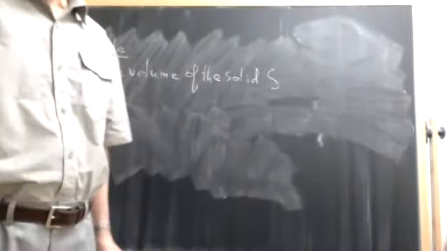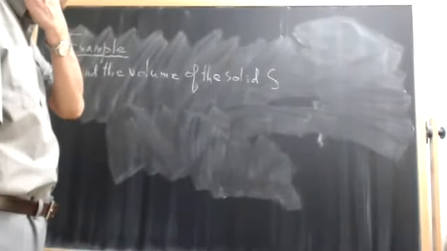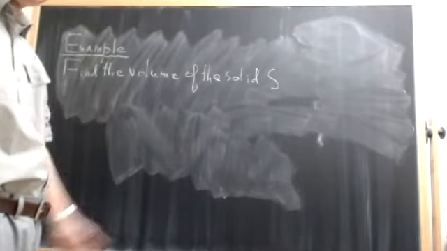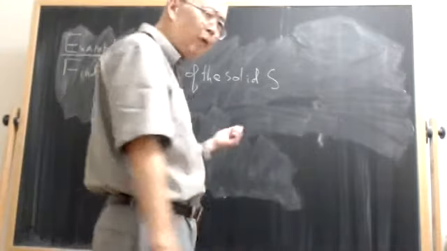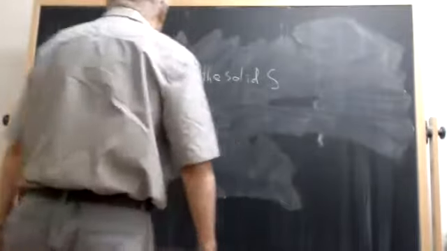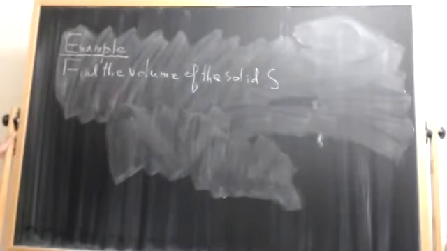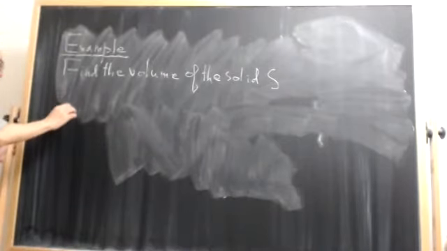Now, let's try to look at this solid. It's not that good to use S for solid and S for surface. But both begin with the letter S. So let's stick to it. So we are going to find the volume of the solid S carved out by the following data.